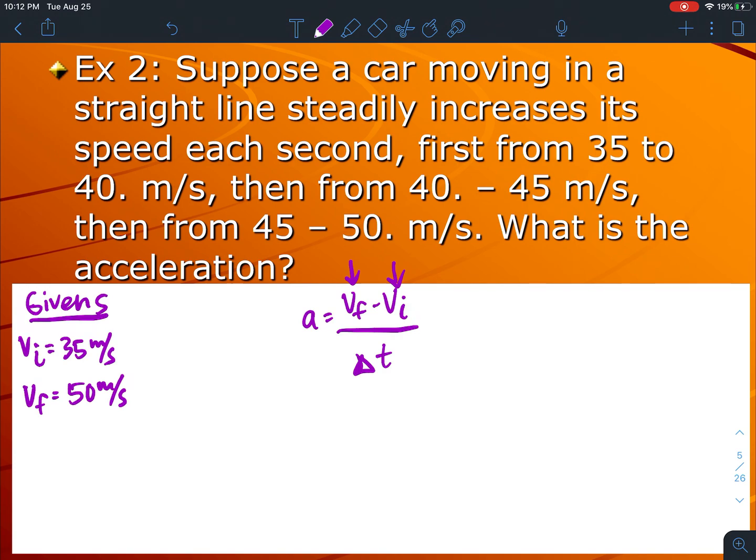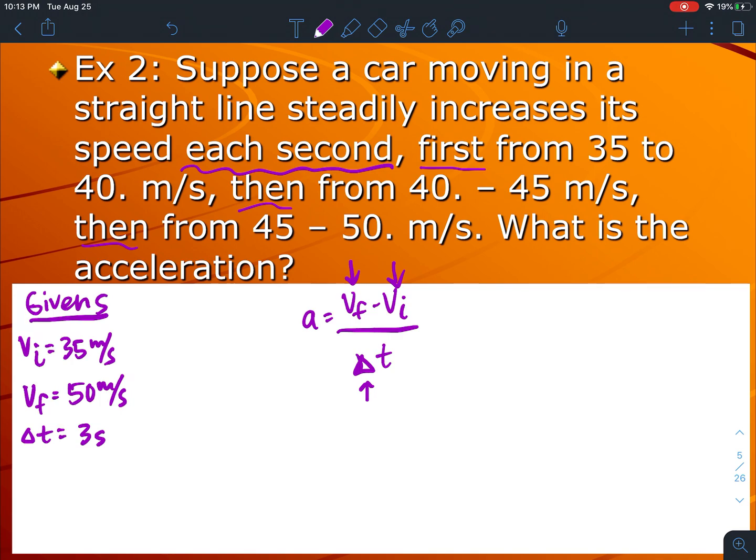We do need another given, though. If we look at our equation, we need to know a time in order to solve for this. So if you go back and read carefully, it says that it steadily increases its speed each second, and then it gives you 3 time intervals. So that means time is going to equal 3 seconds.